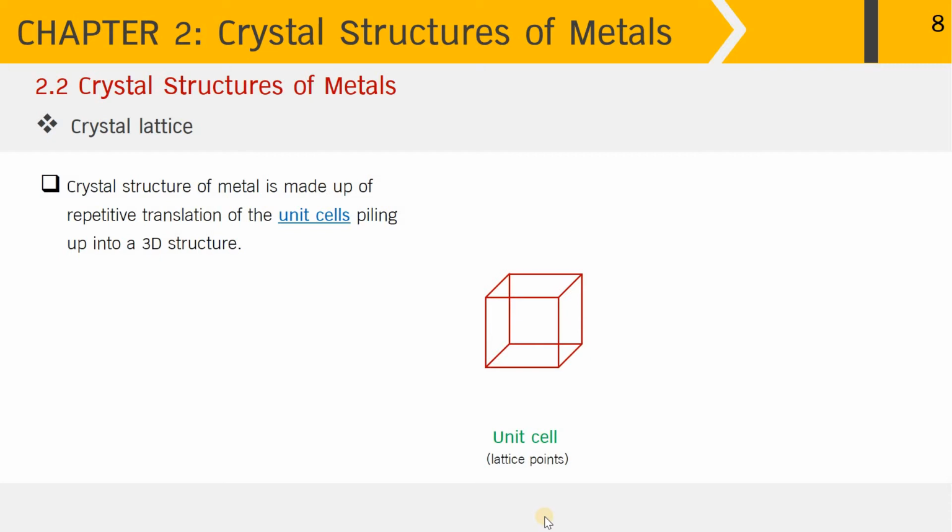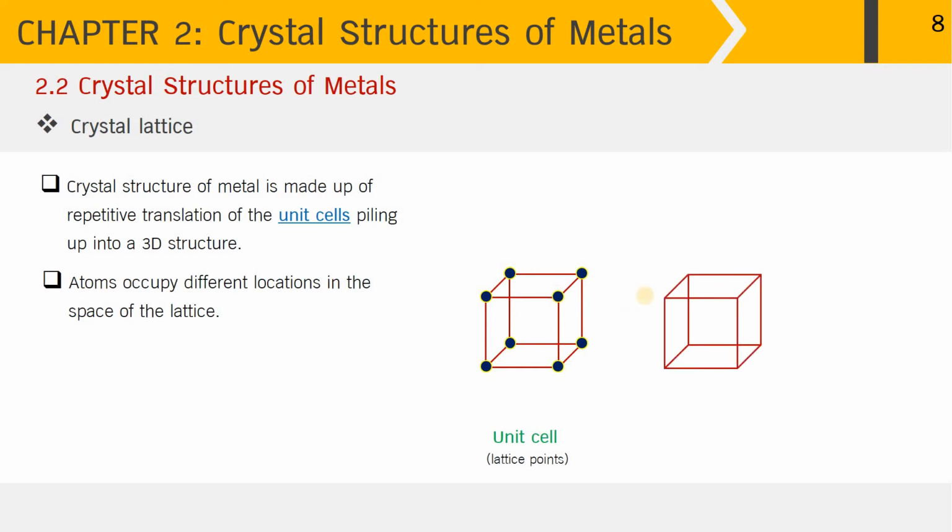So the crystal structure of a metal is made up of the repetitive translation of unit cells piling up into a 3D structure. If you look at this picture, it looks like a box or a cube. It is the unit cell or lattice point. And the atoms occupy different locations in the space of the lattice, as you can see from this picture.